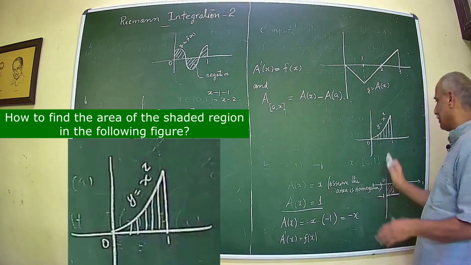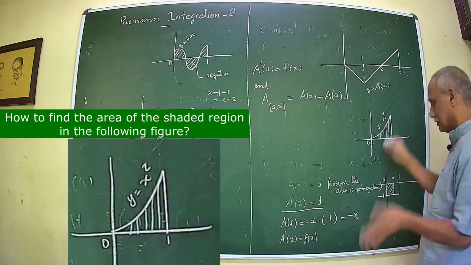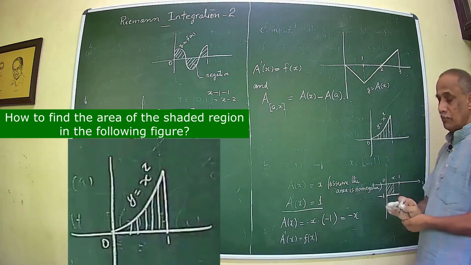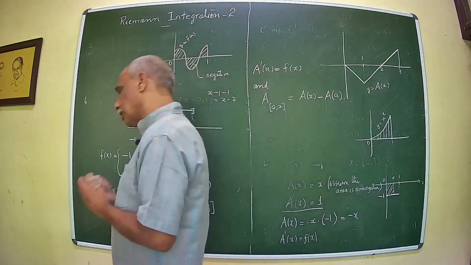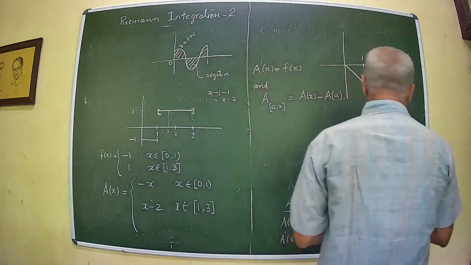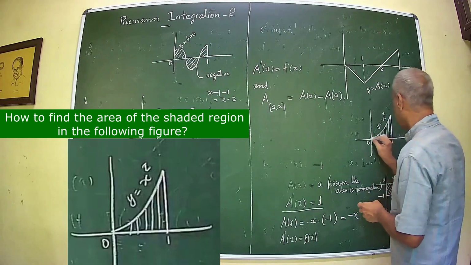You cannot subdivide this into a sum of triangles and rectangles. Now that is the problem. So in that case, what do you do?